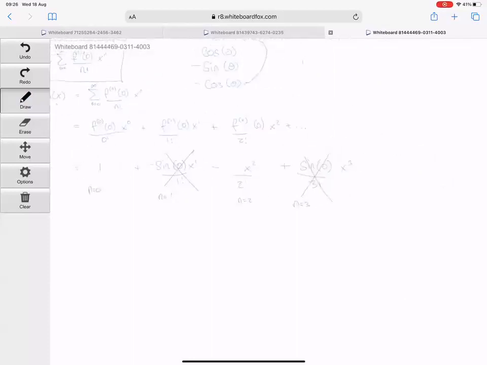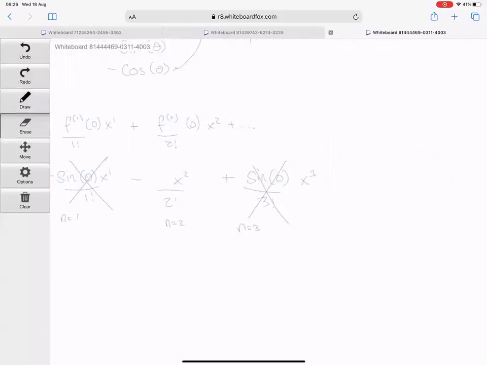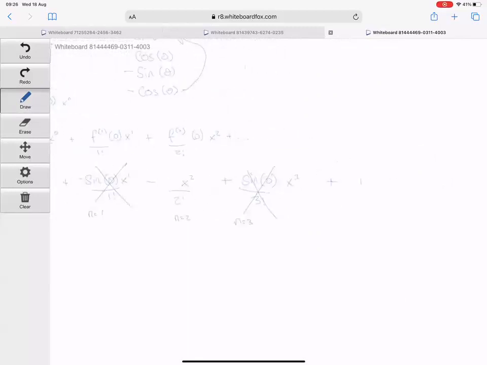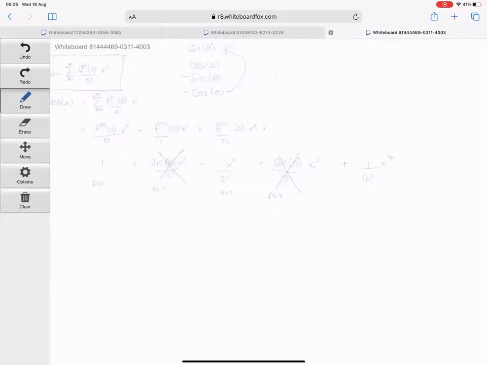Okay, so I can already write down what the next term is going to be, right? It's an even power, so it's going to be 1 over, and it's the 4th term, so 4 factorial x to the 4. Okay, and then I just have to decide, is it positive or negative?